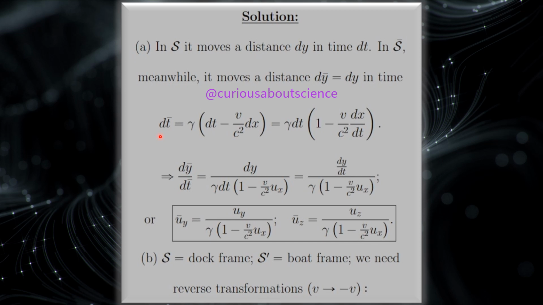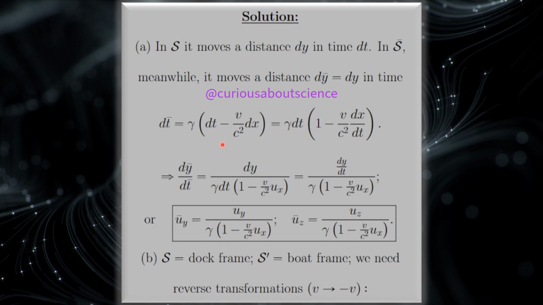With the derivative notation, we have dt bar equal gamma times dt minus v over c squared dx. And we'll just let that ride through. Here, what we could do is factor out a dt from both of them. So if we factor the dt out here, we have to put one under the dx. So that's what we do in the next step. And we're good to go. This forced factoring method's been used the whole semester, so be aware of it.